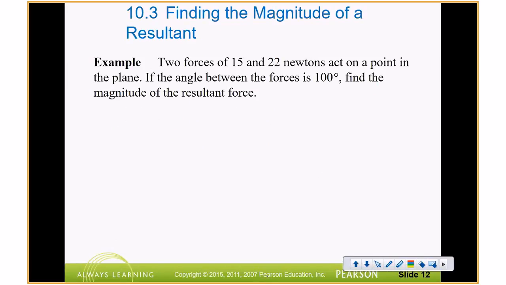Okay, there we go. Two forces of 15 and 22 newtons act on a point in the plane. If the angle between the forces is 100 degrees, find the magnitude of the resultant force. Yeah, but why are they jumping?